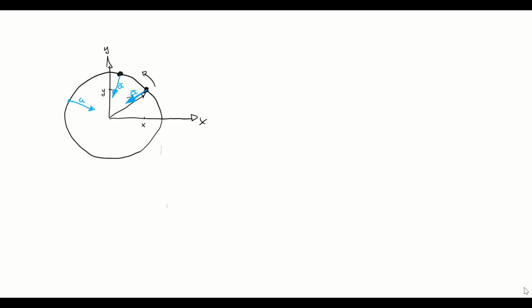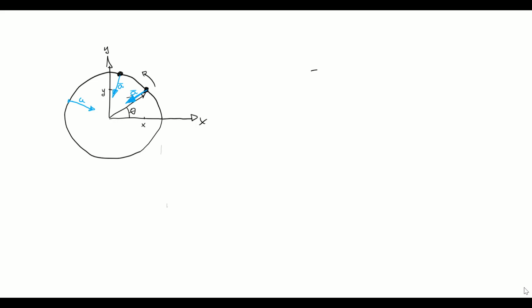And what we're going to use is a new coordinate system. Rather than describing this linear description of motion, we're going to use what's called an angular description of motion, because this object's going around a circle, and essentially, if I just keep track of how far that angle has gone, we're good.